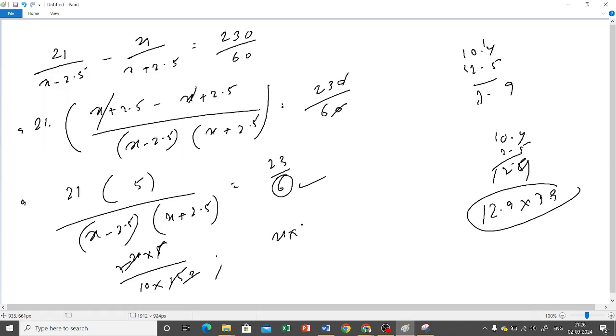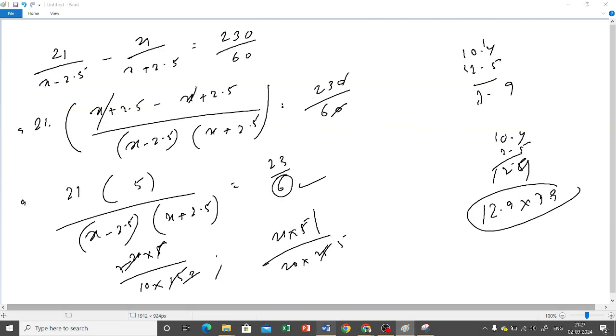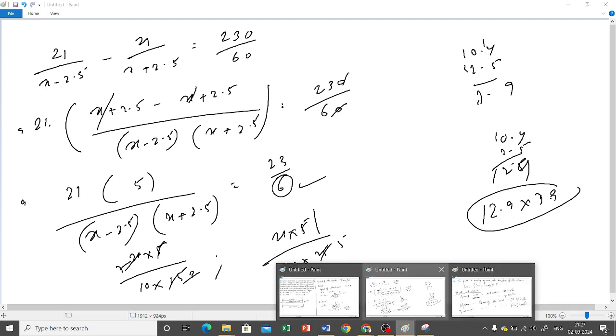So 22.5 minus 2.5 is 20, and plus 2.5 is 25. Okay, so it's not coming up.